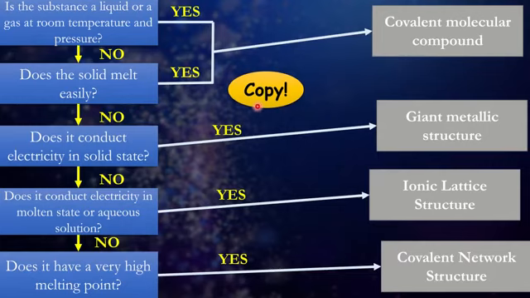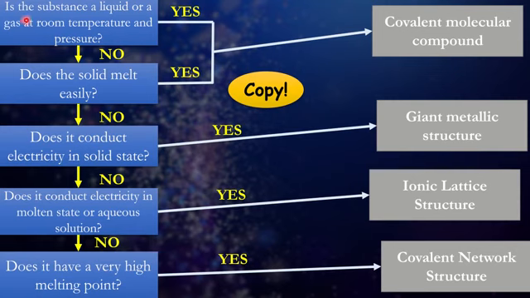All right. So last lesson we talked about the different types of structures like ionic, covalent, and the type of lattice structures you create. So you have covalent molecular, metallic structure, ionic, covalent network. These are just like a little step-by-step guide in terms of how you can identify which one's which.